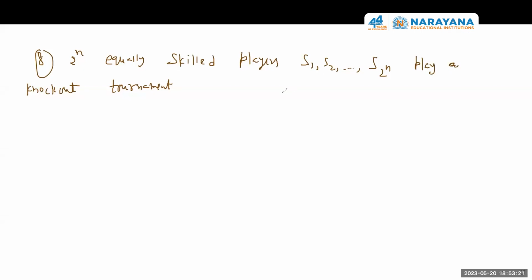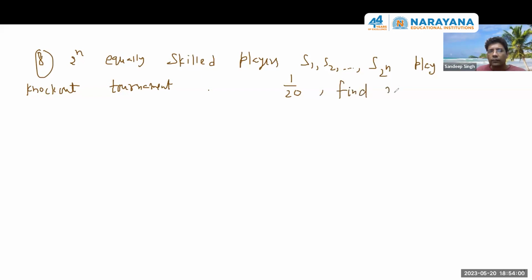If S2 has reached the semi-finals, then the probability that S1 will win the tournament is 1 by 20. Find n.